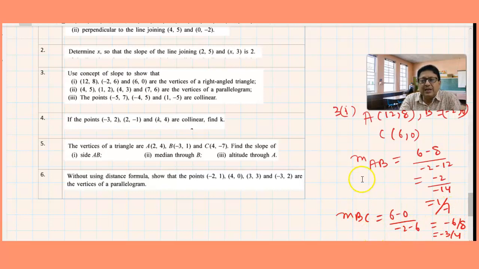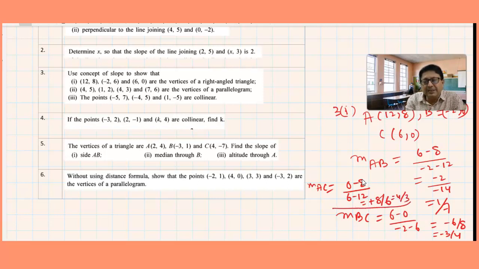So we cannot say that the triangle is right angle so long we don't calculate the slope of AC. Let us find MAC, 0 - 8 by 6 - 12. This is nothing but 8/6.